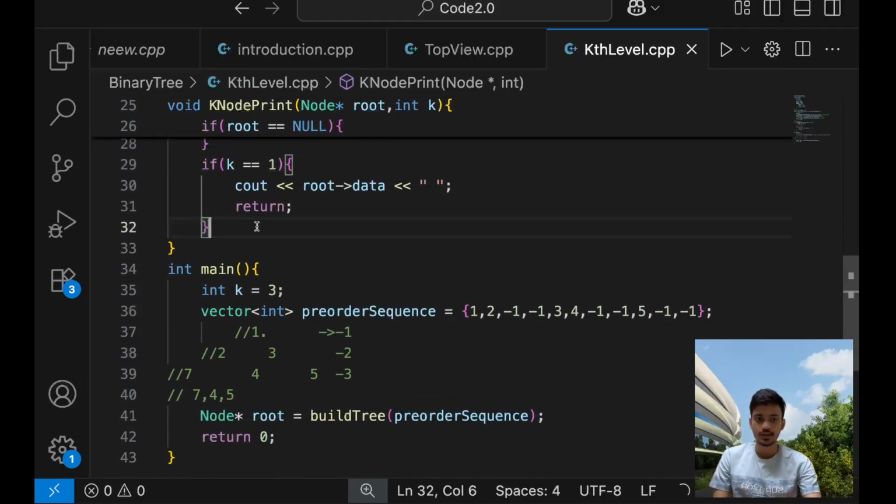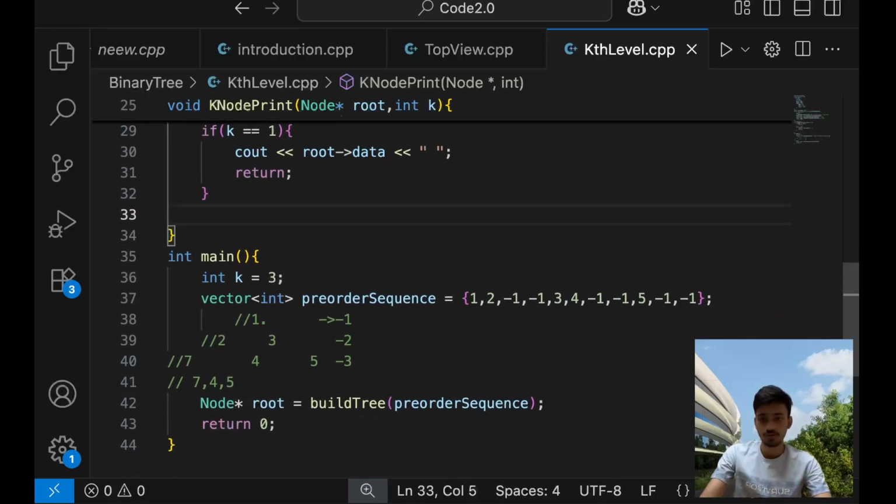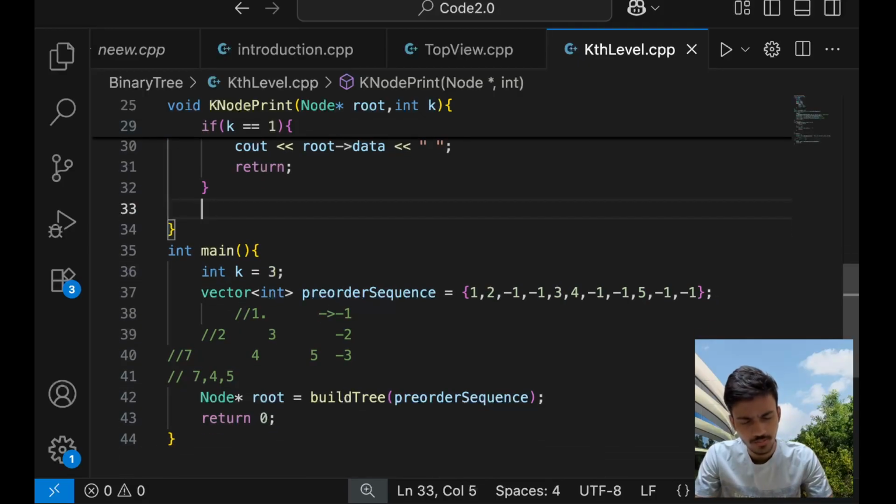Okay, now let us think how we are going to proceed if k is not 1, that means it is something like 3 or 2. Then how are we going to proceed?